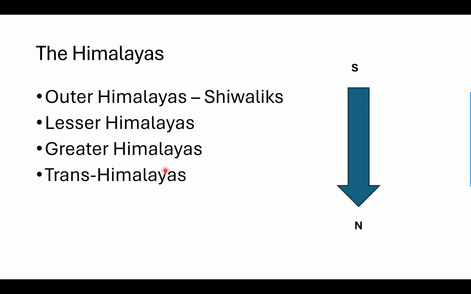So how do they look? Shivaliks, if you have gone to Doon Valley, Dehradun, or traveled across to Jammu, even in Himachal, you had to cross the Shivaliks to go to the interior of the Himalayas.